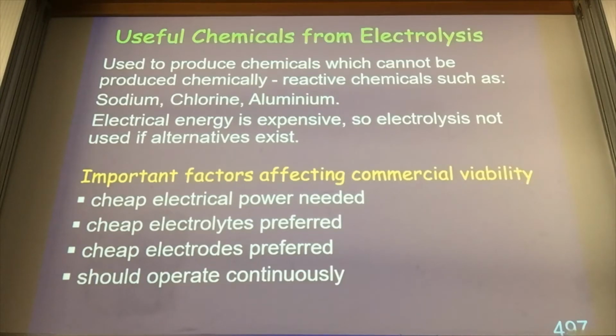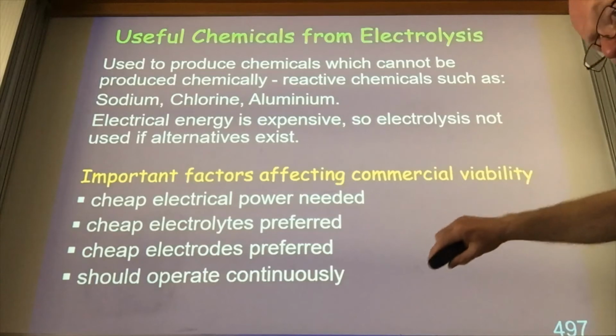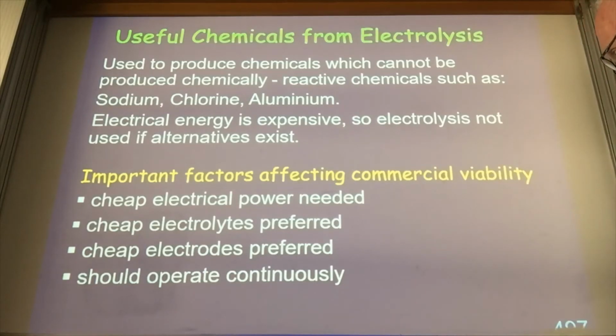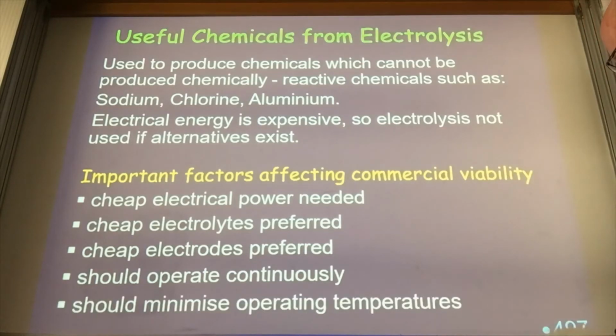If you want large amounts of chemicals to be produced, you need to have a cell that continuously produces chemicals, so it continually has reactants being added in, and operates at as low a possible temperature. High temperatures require lots of energy. Energy is expensive. So if you can get the operating temperature down as low as possible, you're going to save lots of money.